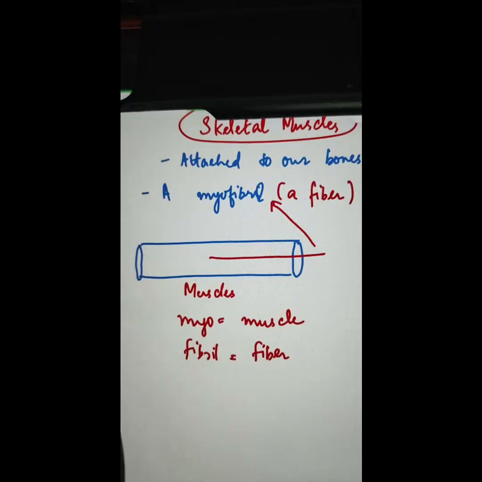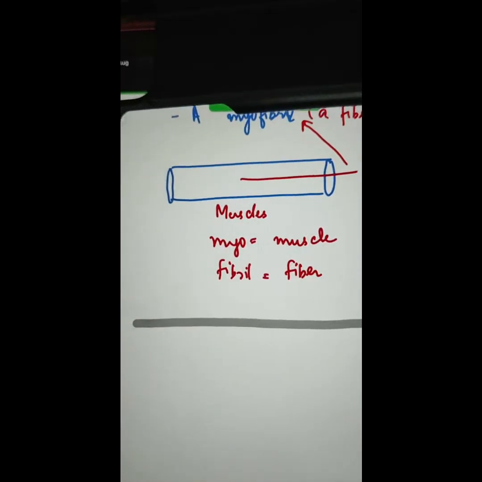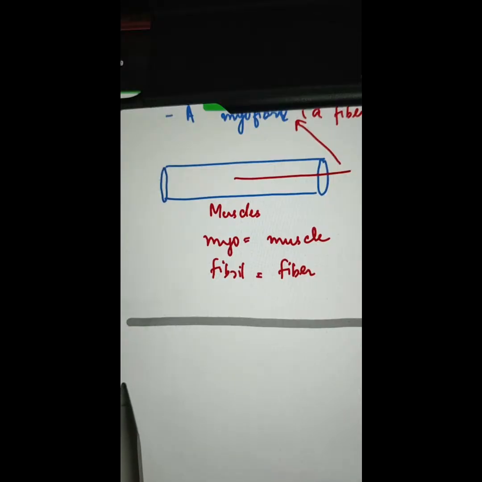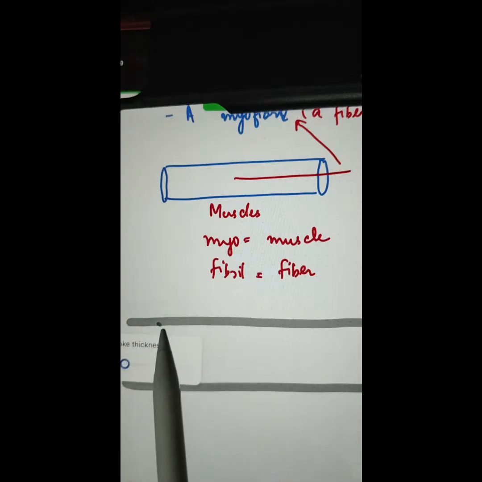To draw the skeletal muscle, I am drawing a myofibril first. I hope it is very much clear to everybody. So this is a myofibril and here we have lines, zigzag lines.